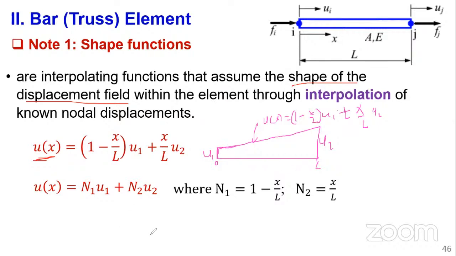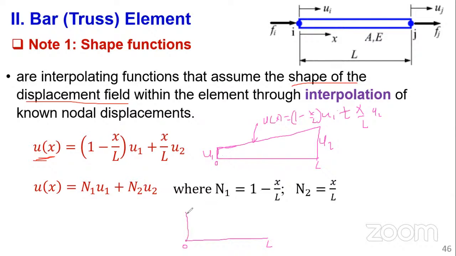In a similar manner, you can have the sketch of these n1 and n2. So as you can see, n1 at x equals 0, at the start, you want to see how it varies between 0 and the length L. So we are saying at this point, when x equals 0, n1 equals 1.